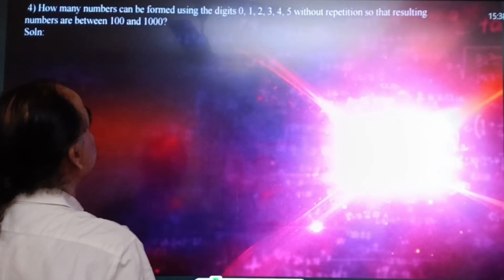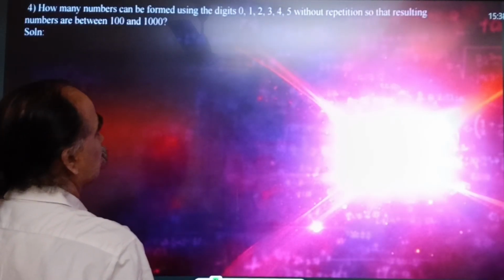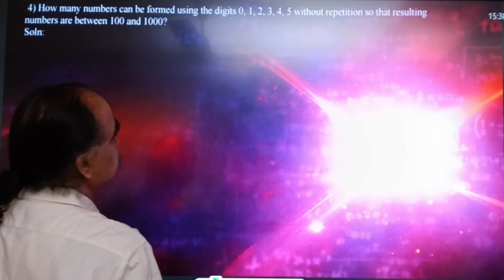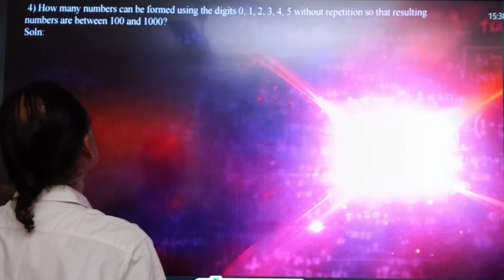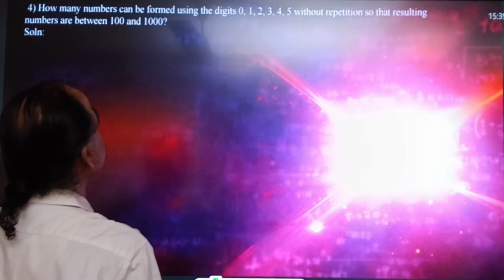How many numbers can be formed using digits 0, 1, 2, 3, 4, 5 without repetition, so that the resulting numbers lie between 100 and 1000?